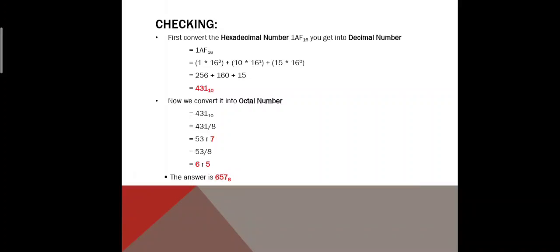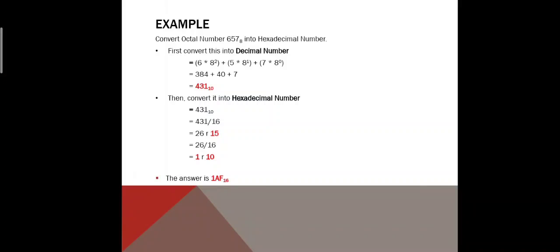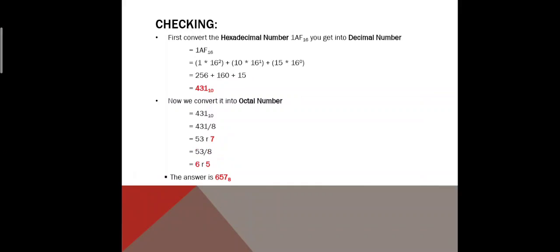And di-divide lang natin ulit. 53 divide 8 equals 6, remainder 5. So, ito na yung final answer kasi hindi na pwede i-divide yung 6 to 8. So, ang sagot is 657. Tingnan natin kung tama, tama yung nakuha natin. 657.